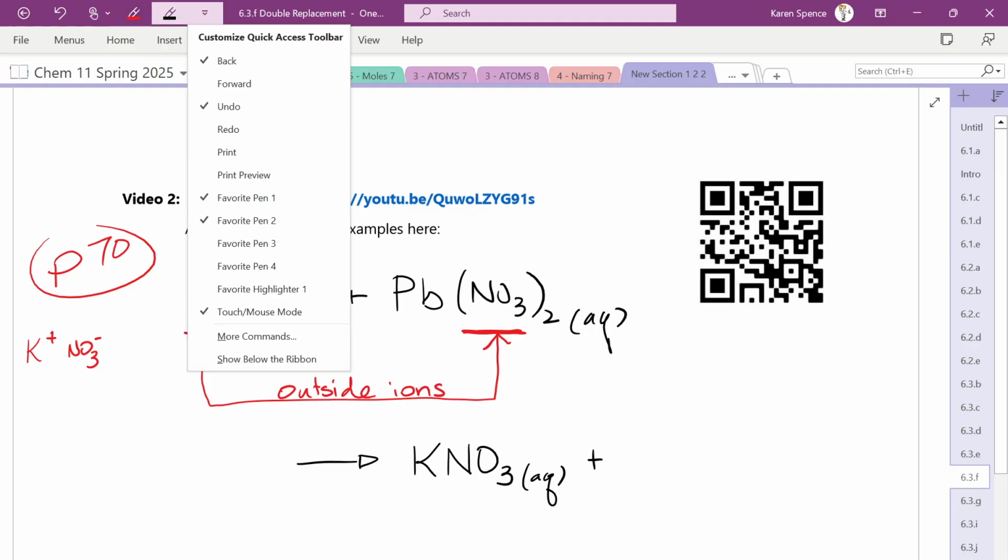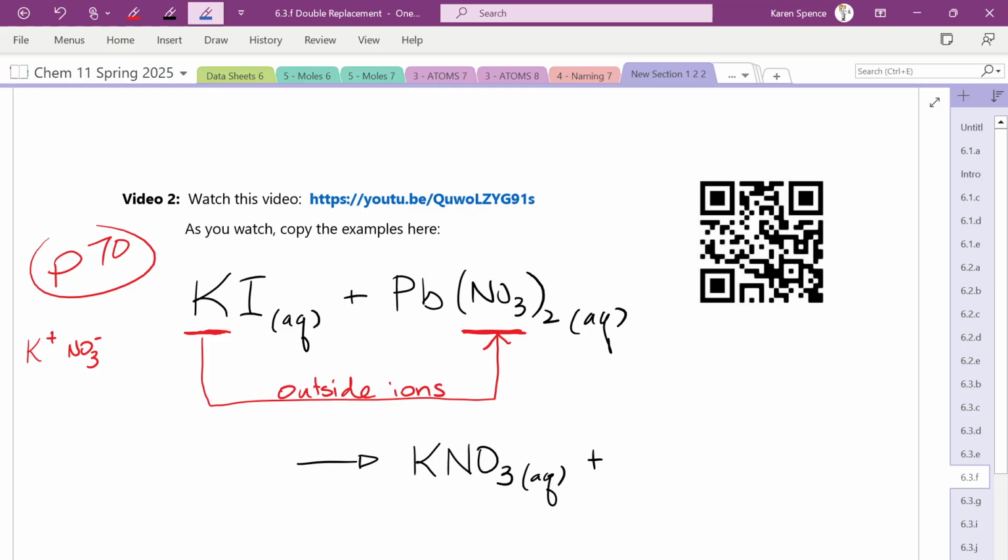Now our other product. We combined our outside ions. Now we're going to combine our inside ions, and we're going to go backwards. So we're going to start at the lead and go to the iodine. So for the outside ions, you go forward. For the inside ions, you go backward.